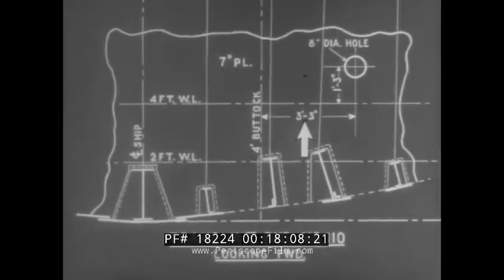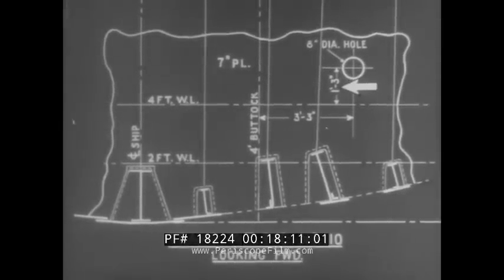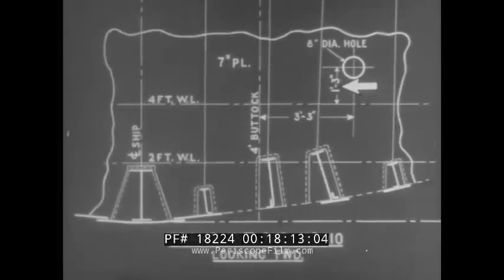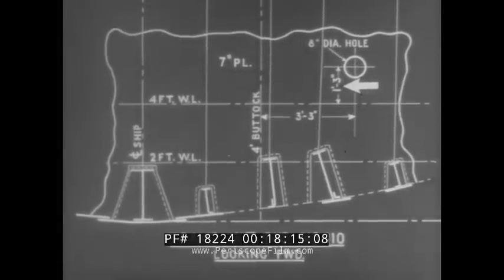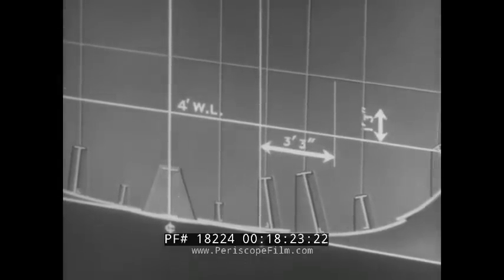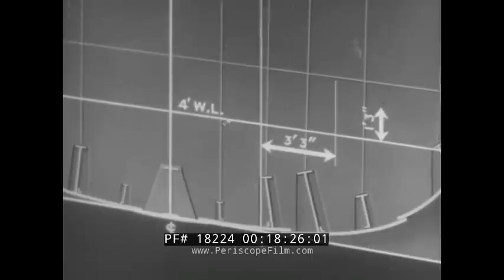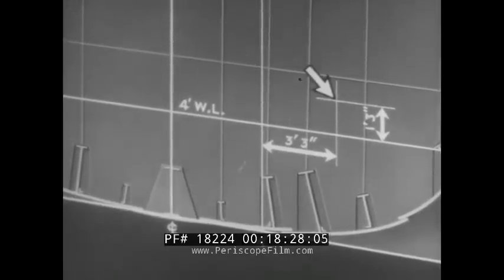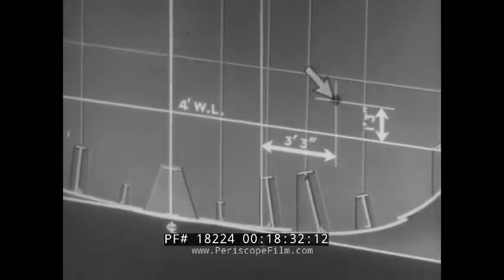The blueprint further shows us that the hole is 1 foot 3 inches above the 4-foot waterline. We measure upward the indicated distance and strike a horizontal line. Here, at the intersection of these lines, is the center of the hole.